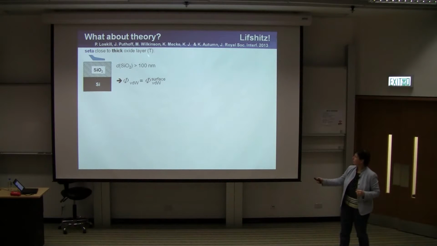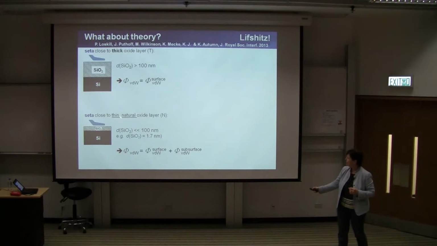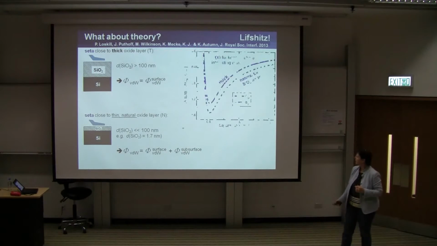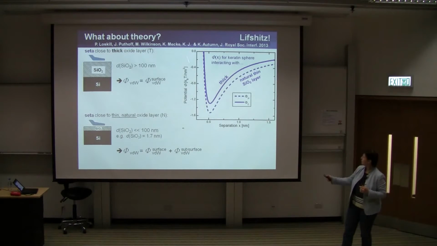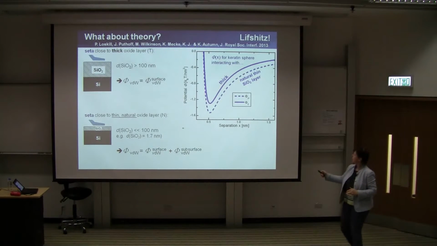So if we have the gecko seta close to a thick silicon oxide layer, we basically have to care about the surface contribution of the thick silicon dioxide in van der Waals, and compared to the thin, we need the two components. And plotting the potential, here we took a keratin sphere, so we didn't put in the real geometry of the gecko seta.